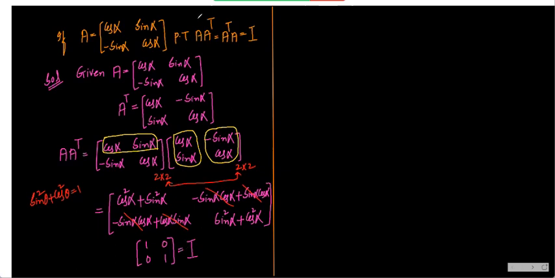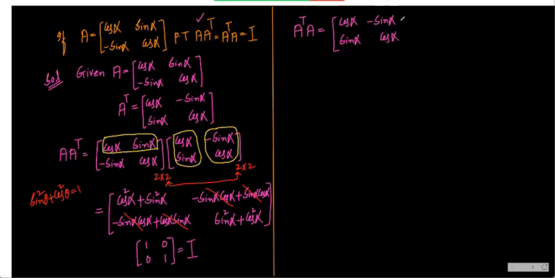This order we have shown. Now in this order also we have to show the same result. Look at the different order we have to find out. Now A transpose first into A, which is equal to, now you see what is our transpose matrix. Our transpose matrix will be cos alpha, minus sin alpha, sin alpha, cos alpha.